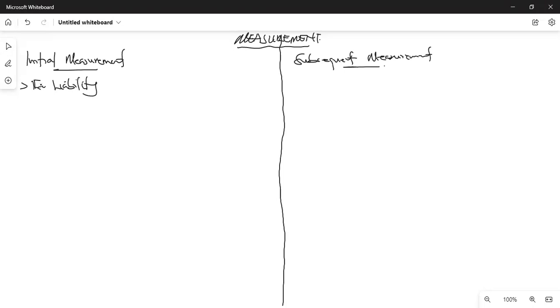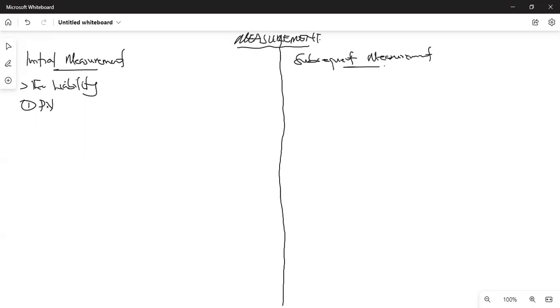Okay, so in terms of the liability, the standard says that the lease liability is measured at the present value of the lease payments that have not yet been made. All right, the key is not yet been made. So number one, it is all about the present value, the PV, all right?